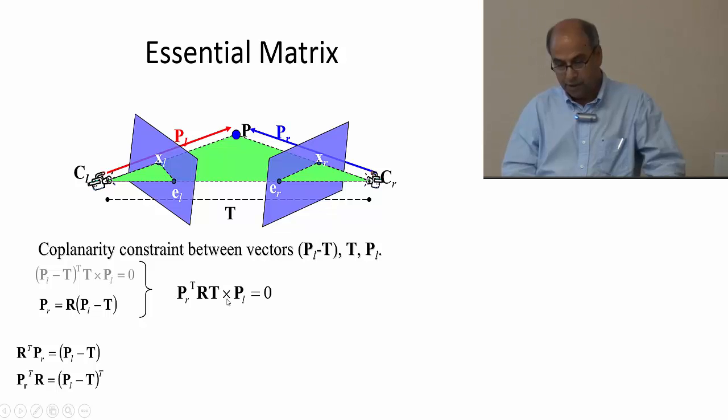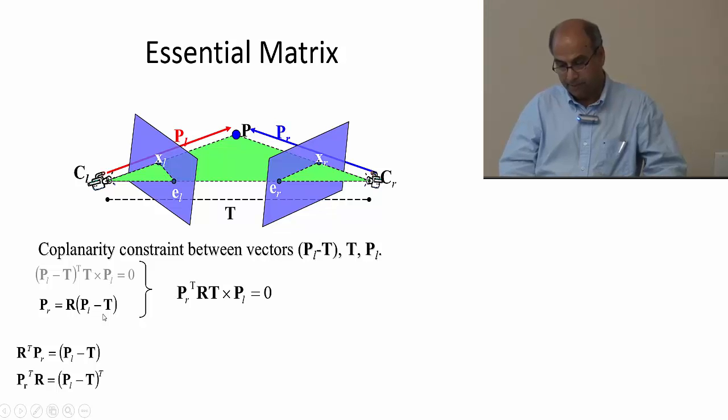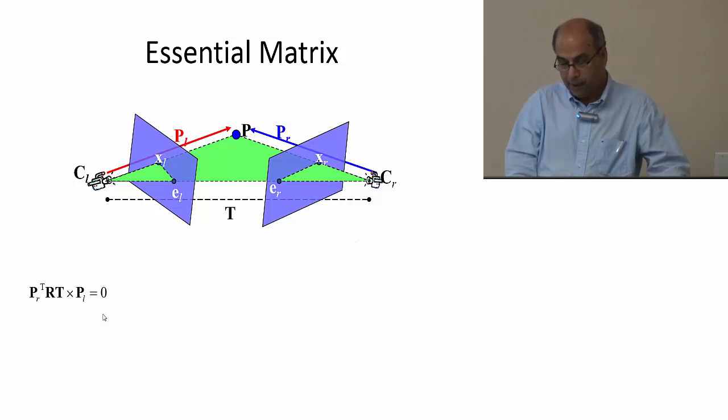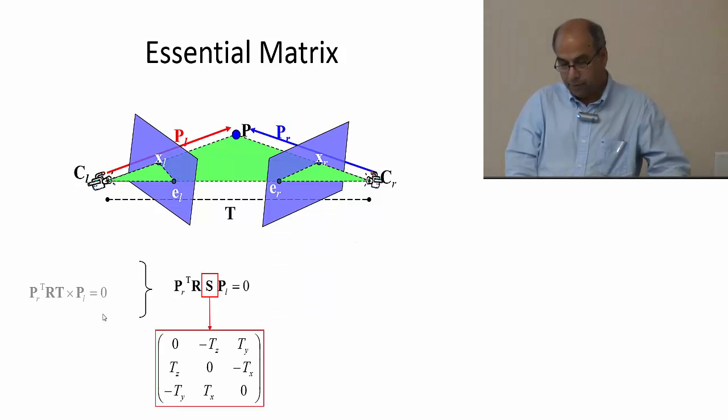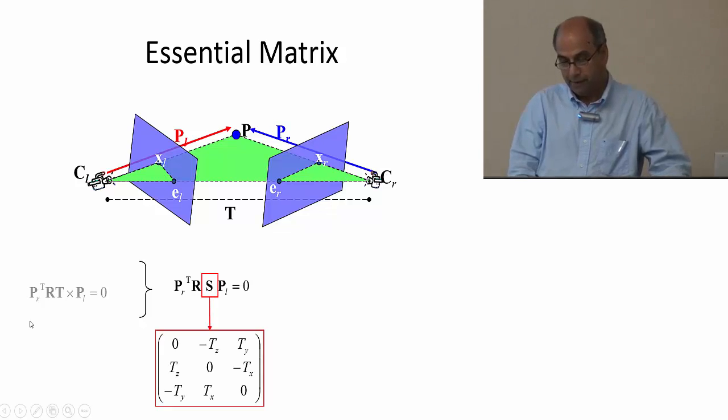Then we have T and the cross product with PL. Okay, so far we are here: two things, the coplanarity constraint, and the simple rigid transformation between the two coordinate systems. Then we express this cross product between T and PL in terms of a matrix, as we did before.